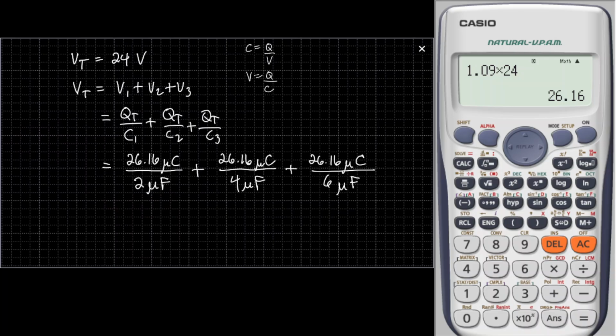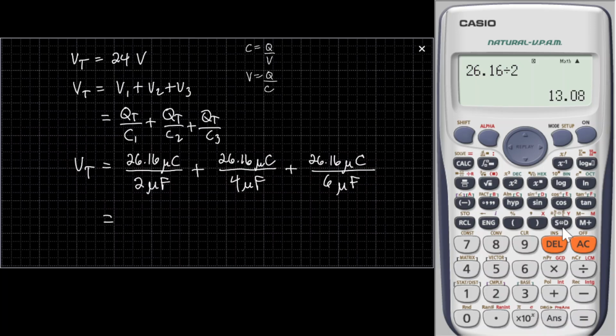And we have a way to check if our answer is correct. So this is our V1, this is our V2, this is our V3. So V1 is equal to 26.16 divided by 2.